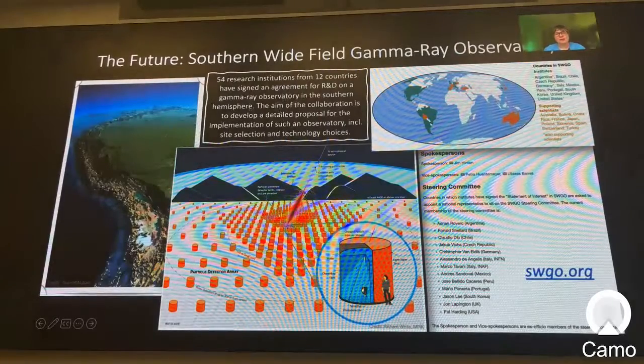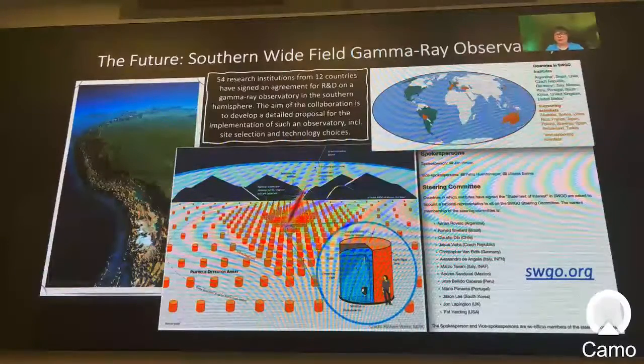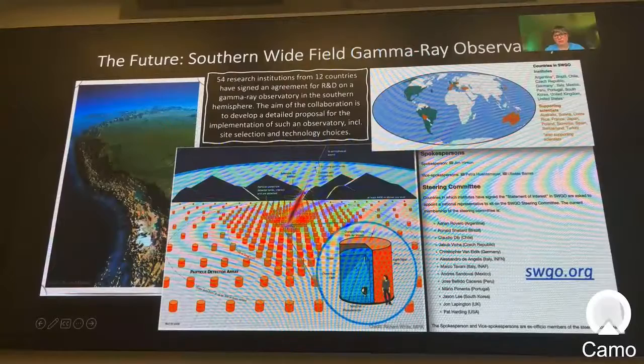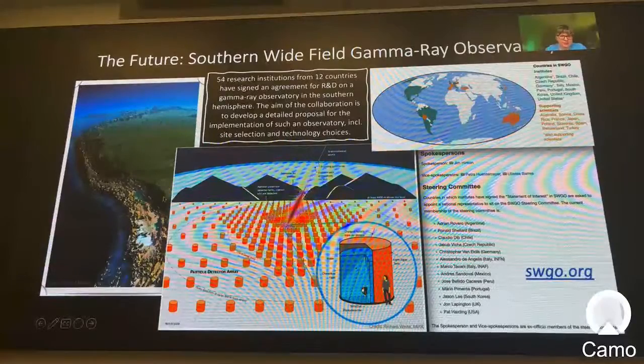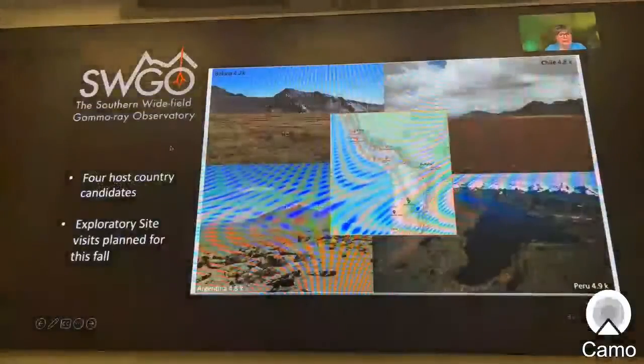SWGO is a collaboration that consists of 54 research institutions, soon to be more. And you see the map of the institutional members and supporting members of this project. It would really be built in South America, if we get the money.